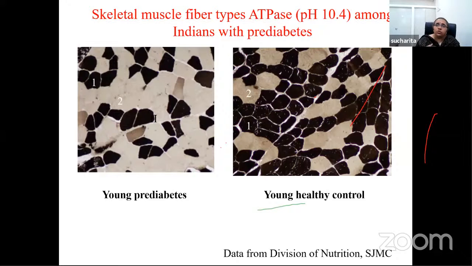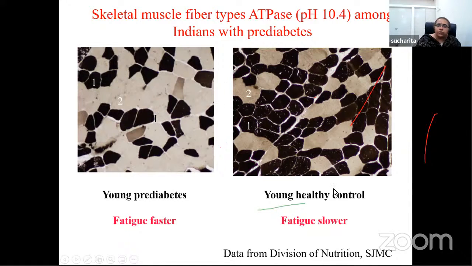At the same time, we also noted in the previous slides that they had lesser strength in the muscle. So these were some of the findings we have been able to uncover in the pre-diabetes population, and some findings we are also able to study in type 2 diabetes.